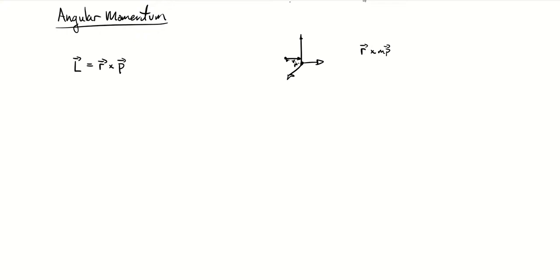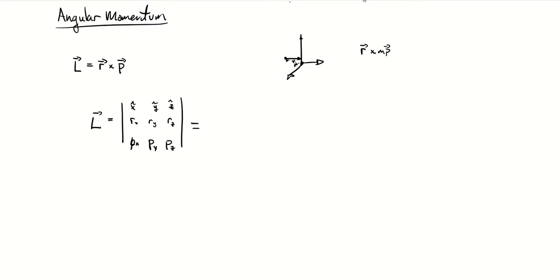If we want to calculate it, we can do that just by taking the determinant of this, with rows x, y, z, and the components of our linear momentum.